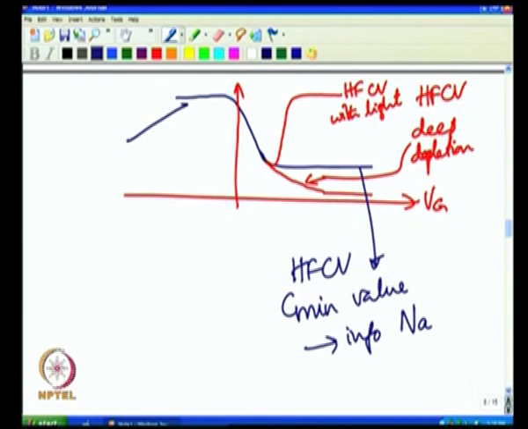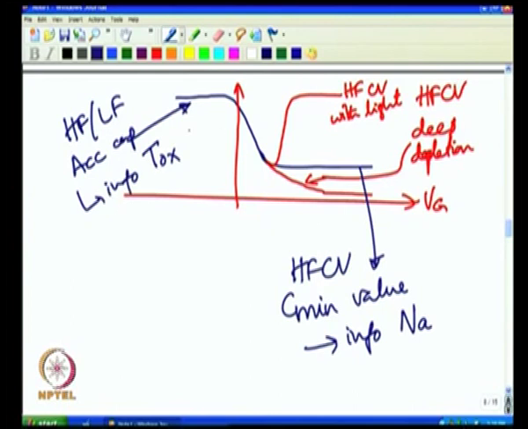Similarly, it is important to get the oxide maximum value right, because this information, either HF or LF, does not change. Accumulation capacitance will give us information about Tox, because remember this is Cox, Cox is epsilon ox over Tox, whereas this is Cox in series with the silicon minimum capacitance.